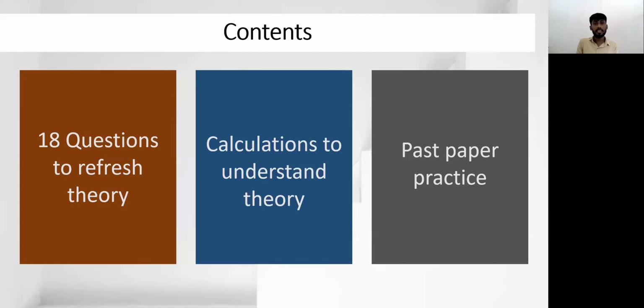That means I will be driving you through this entire lesson using 18 questions, so almost all the theory areas will be touched. Then we will do some calculations to understand the theory, as well as past papers to get familiarized with how the examiner is going to test this. So this is the content for today's session.